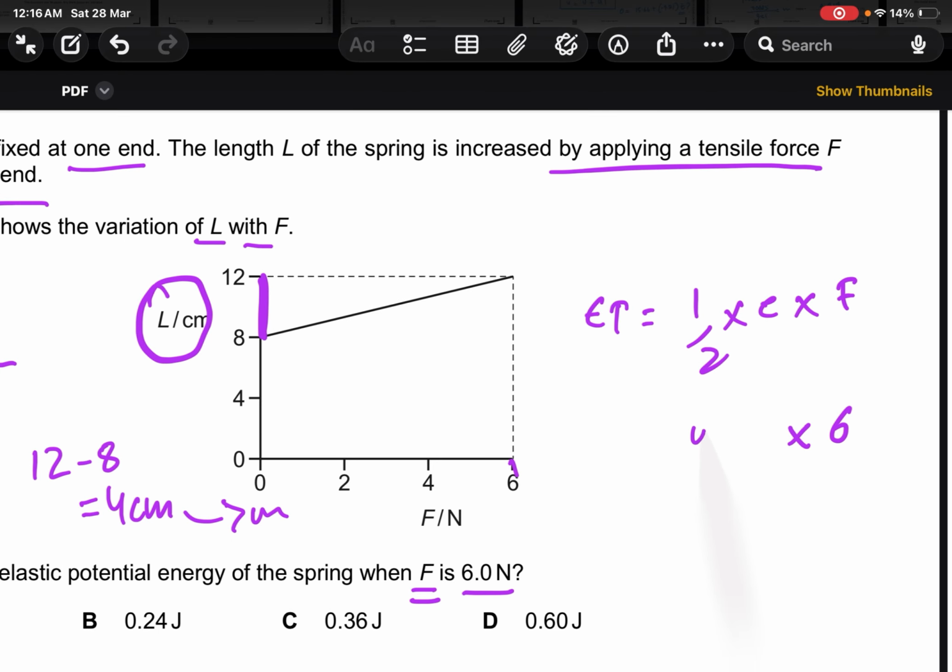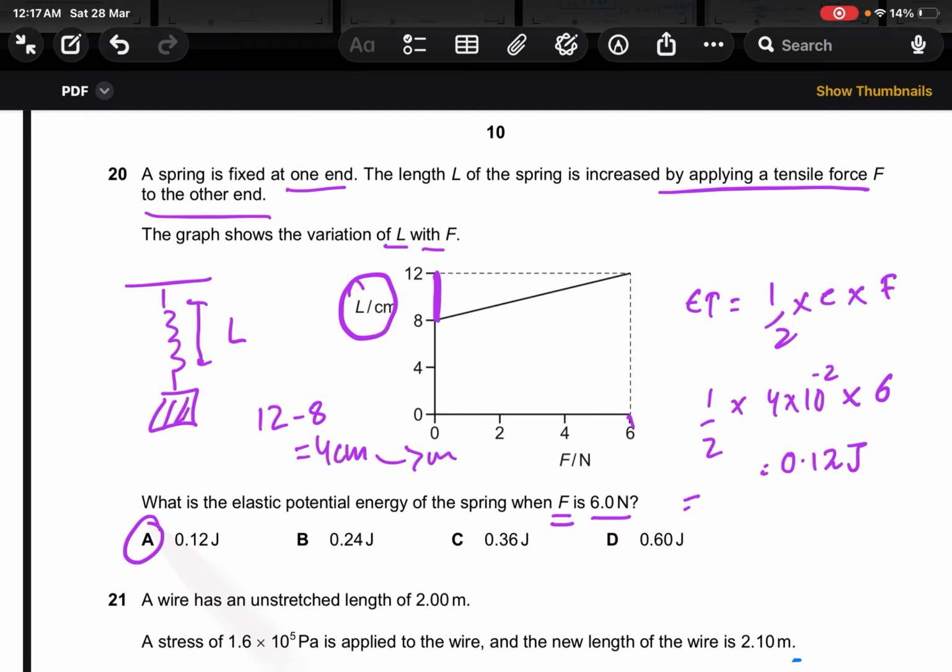So it's 4 into 10 raised to power negative 2 times half. Let's see what we get. Equals 0.12 joules. Option number A.